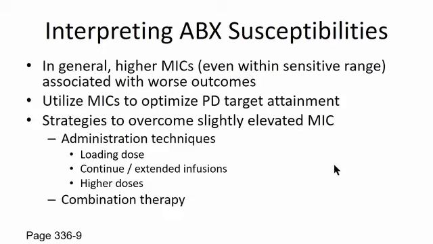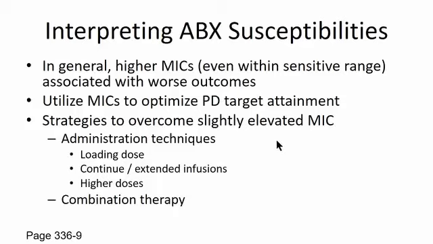What do I mean by that? For Enterobacteriaceae, the susceptible MIC breakpoint is 16. However, with a bug with an MIC of 1, the patient is going to do better than if the MIC is 16. So I think it's important to take that into account even within the realm of susceptible, intermediate, or resistant. We should try to utilize the MICs to optimize our pharmacodynamic target attainment.